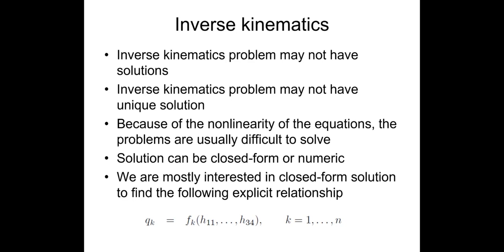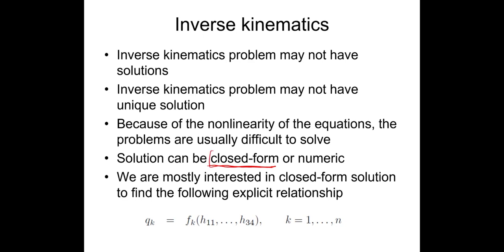Also we want the solution to be closed form, in most cases. When the equations are pretty complicated, normally we can use a numerical method to solve it, but in robotic examples we want to use the closed form because we want to do real-time control.